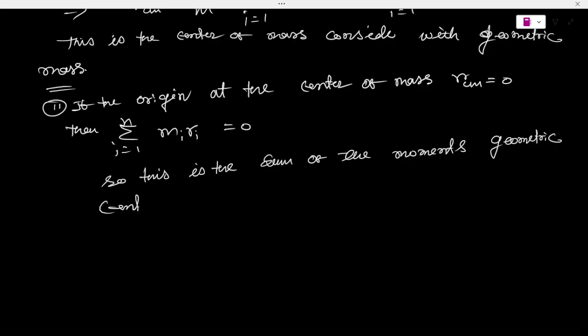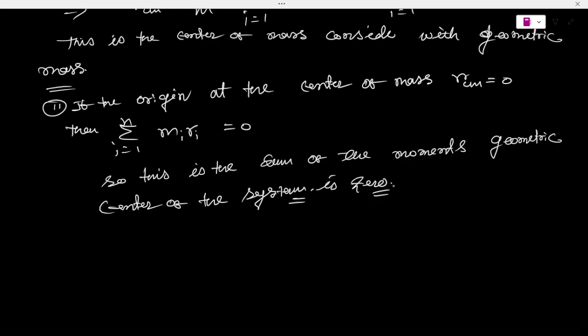Yes, this is the system where the geometric center of the mass system is zero. Okay.